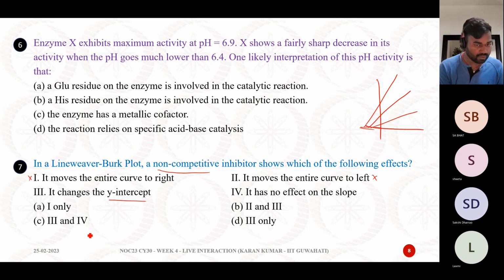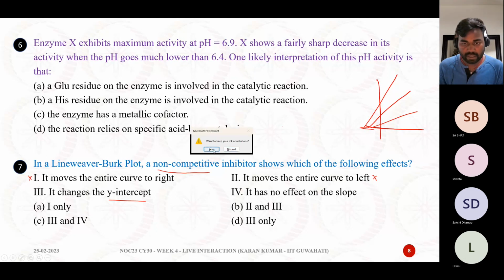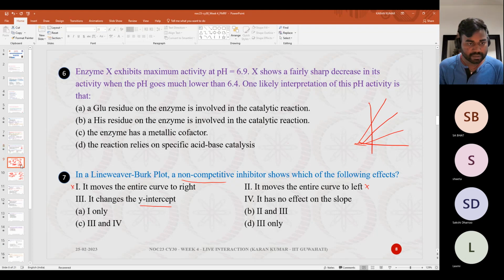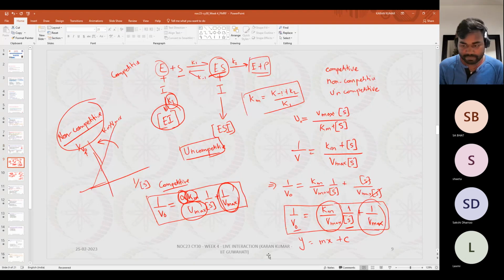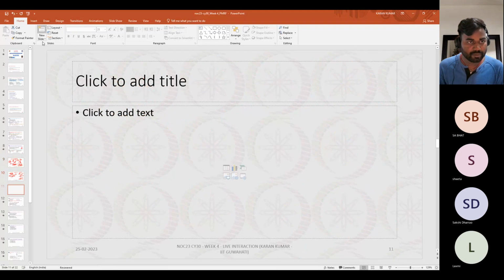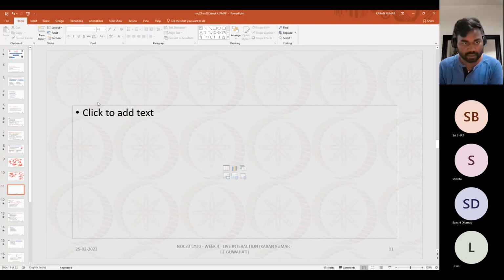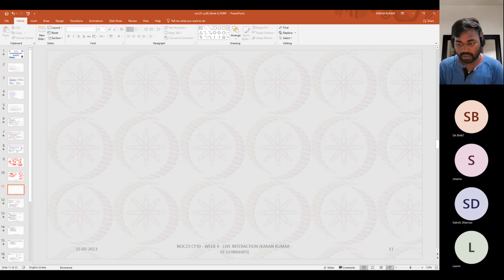In case of non-competitive, inhibition can occur at both sides, but in case of uncompetitive, it... okay, I confused you people. Let me again explain. This case was the uncompetitive. Let me add one more slide and then I will clear this doubt once and for all.